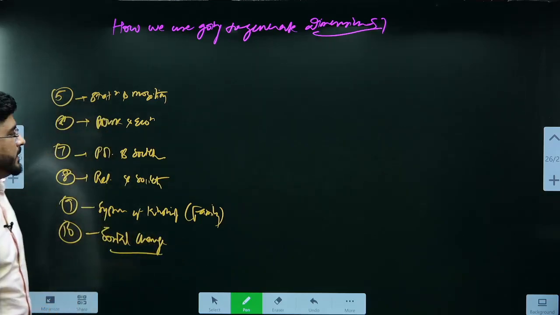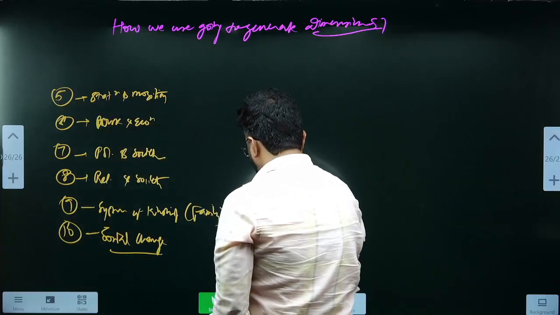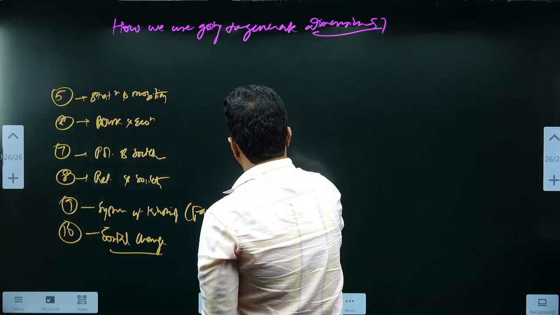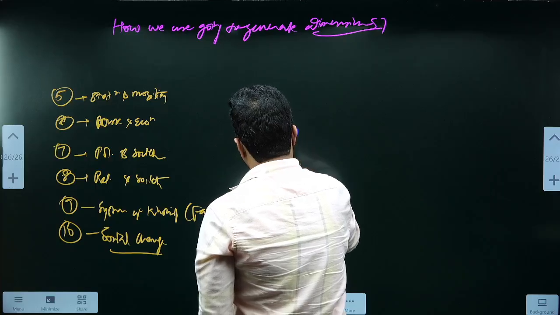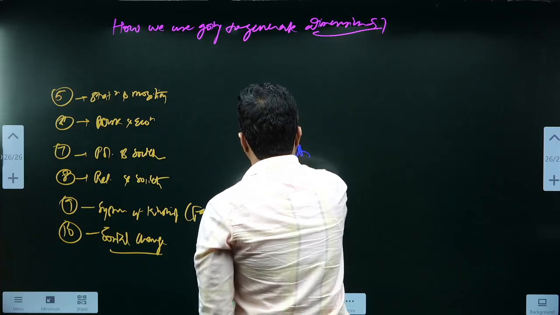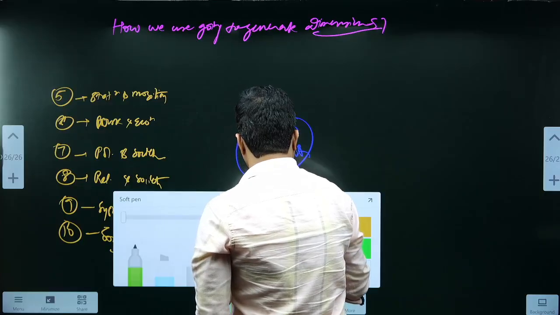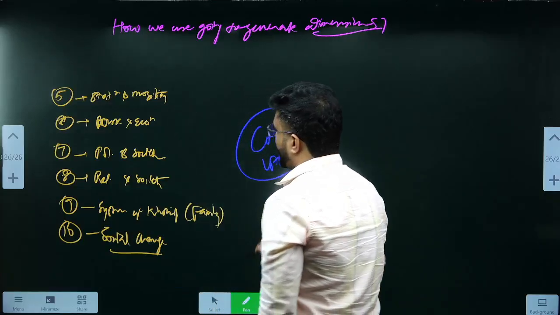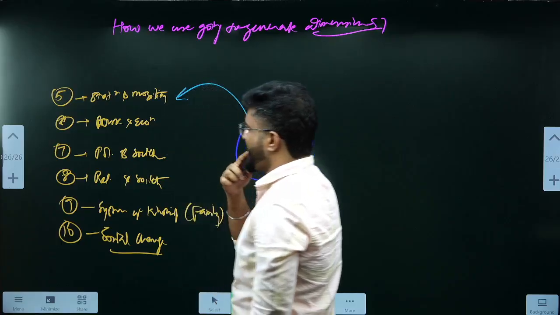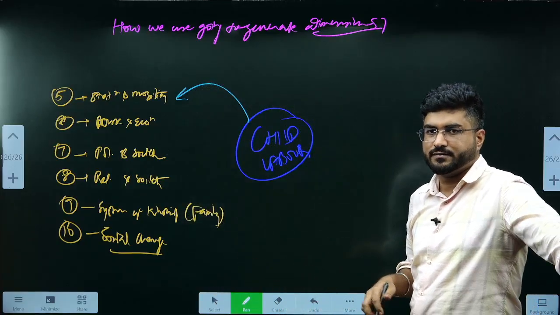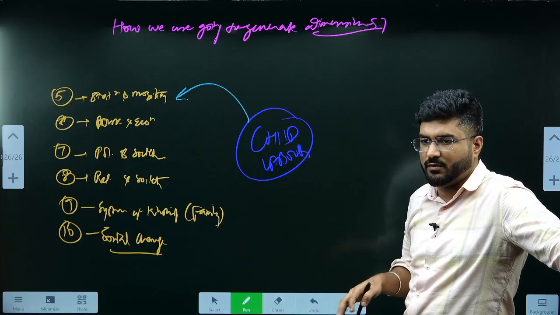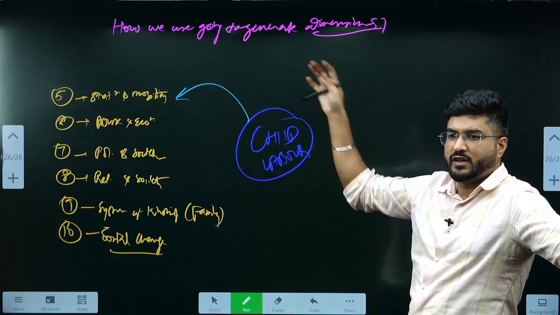Okay. Now try to connect child labor with all these sections. How is child labor related to stratification and mobility? If a person is engaged in child labor and the family focuses only on that, will there be stratification?